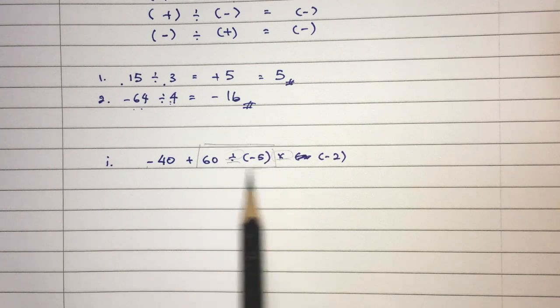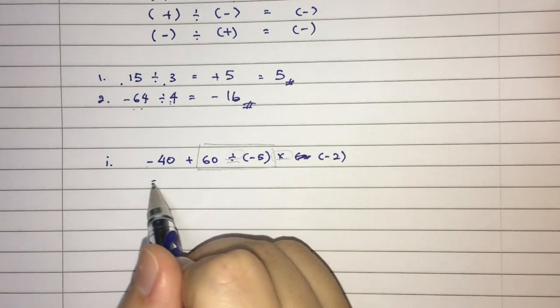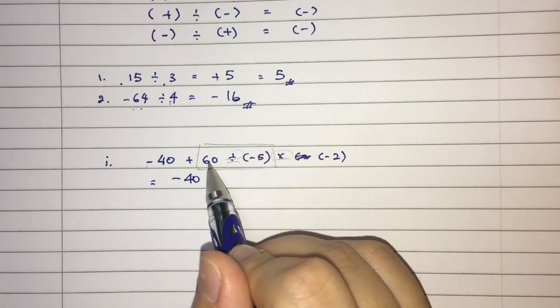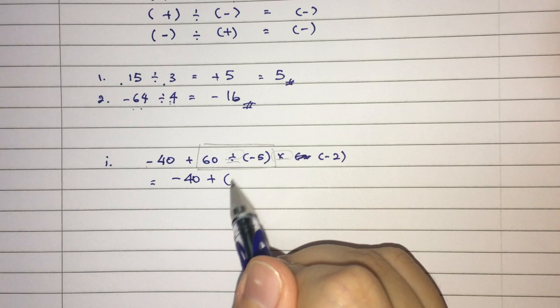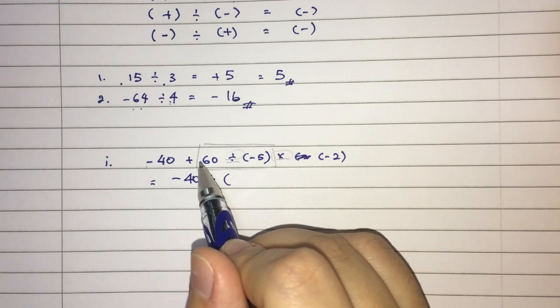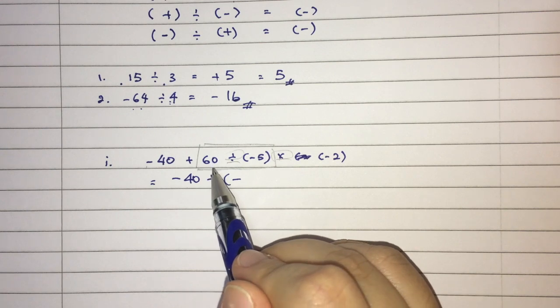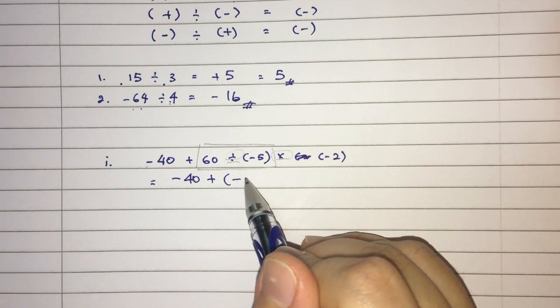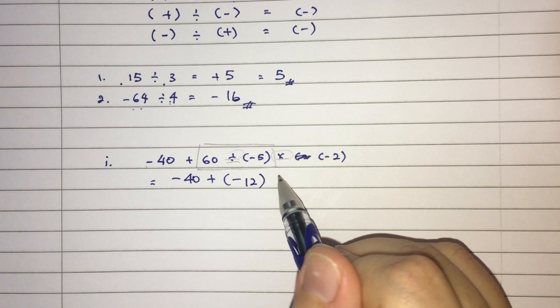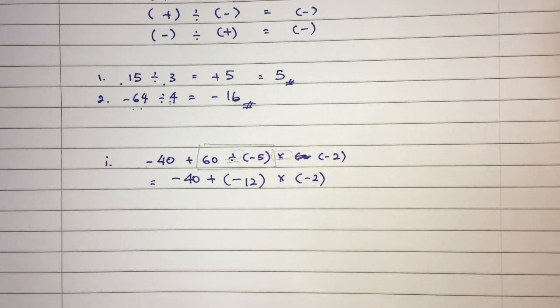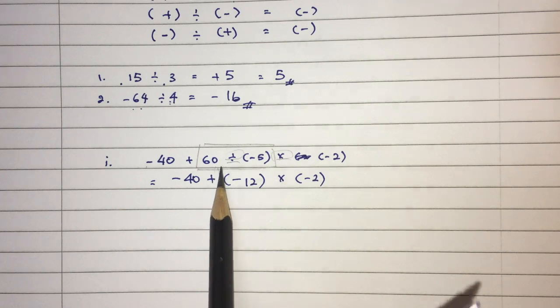So we will do this one first. So it will be negative 40 plus 60, positive divided by negative, we got negative. And 60 divided by 5 is 12. So times with the negative 2.